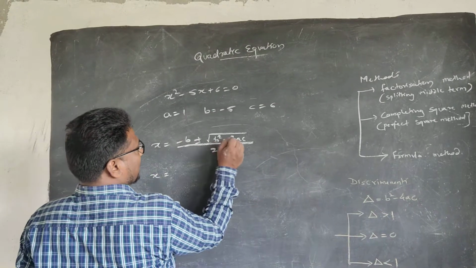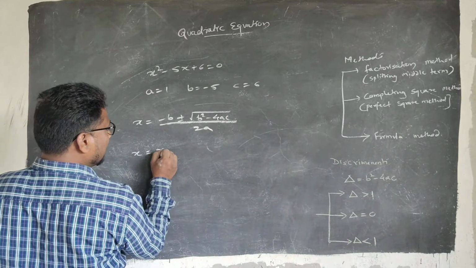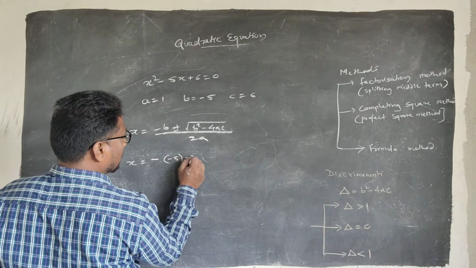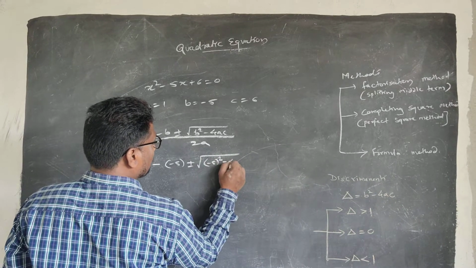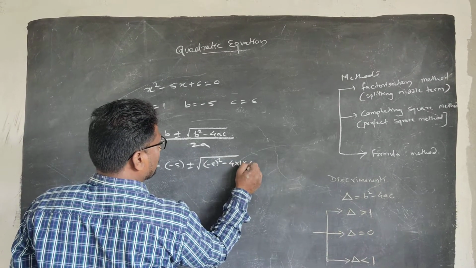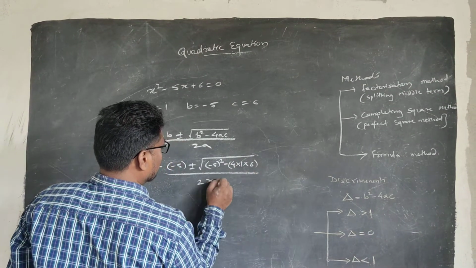Substituting all these values of a, b and c, we get minus of minus 5 plus or minus under root minus 5 square minus 4 into 1 into 6, whole upon 2 into 1.